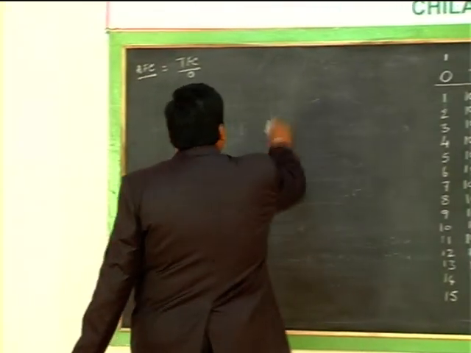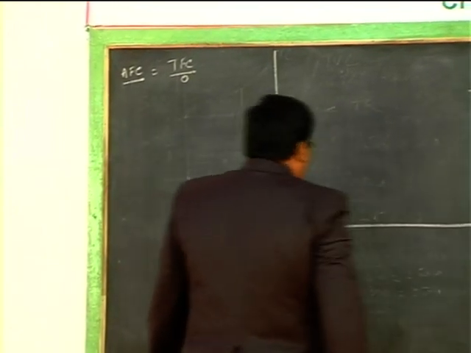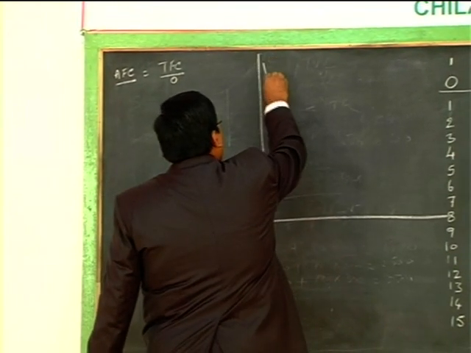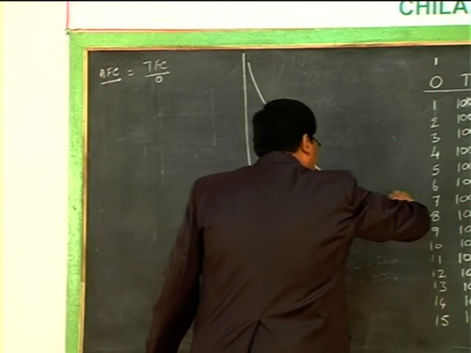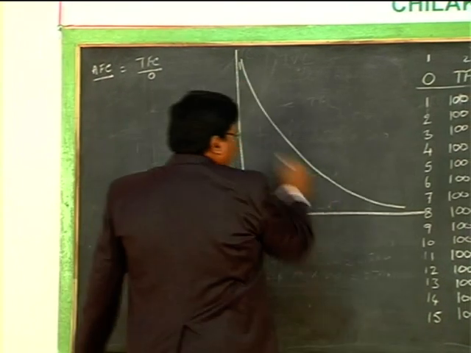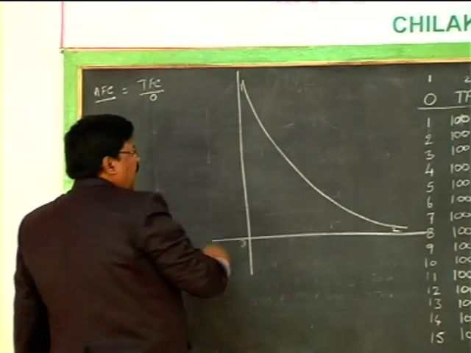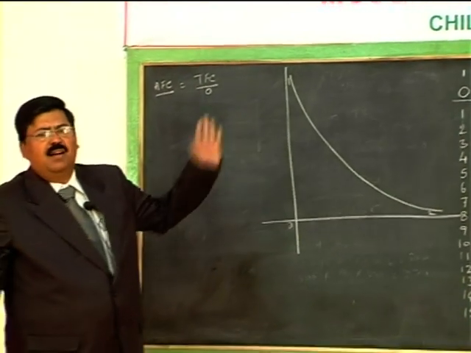Now if you draw the diagram, it will be like this. Average fixed cost continuously declines and becomes asymptotically closer to the y and x axes. On the x axis you write output and on the y axis cost.